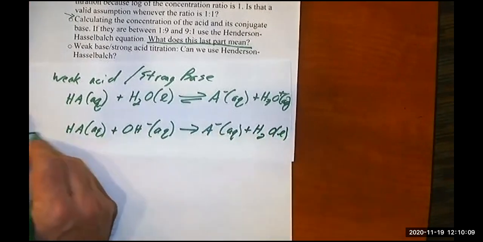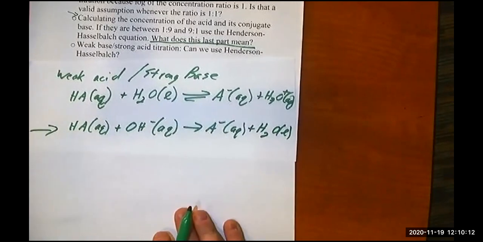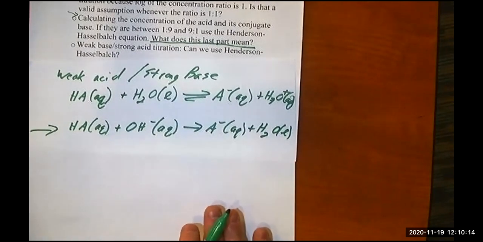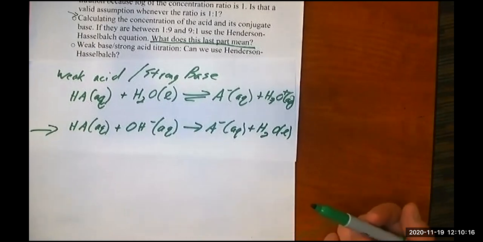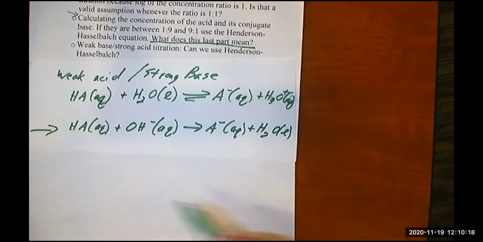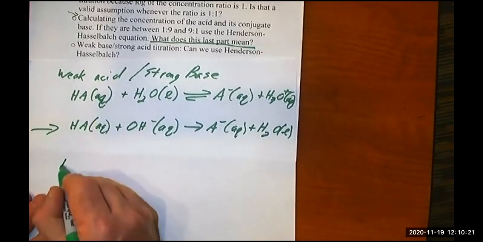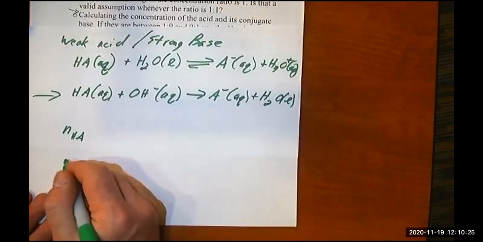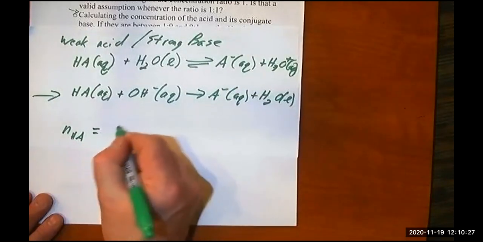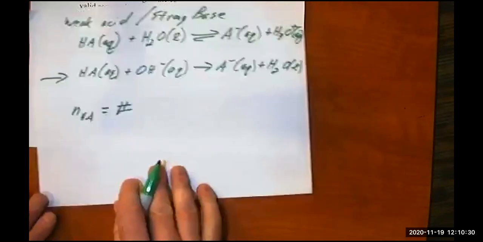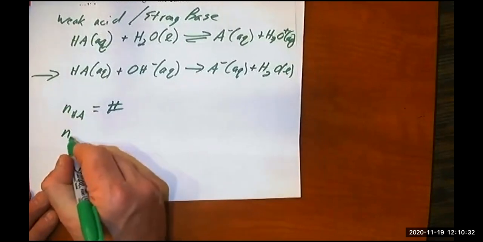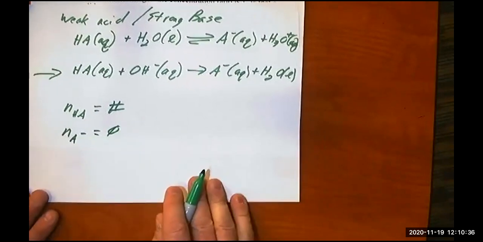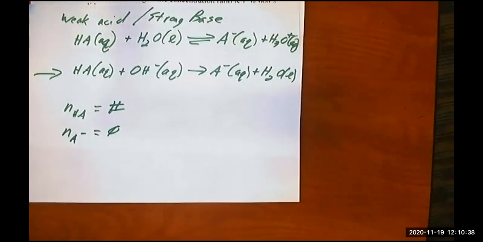And so we use this reaction here to pre-shift the equilibrium based upon how much base was added. So you start with a certain number of moles of HA, and you start with 0 A minus, because you're starting the titration without having already added any base yet.